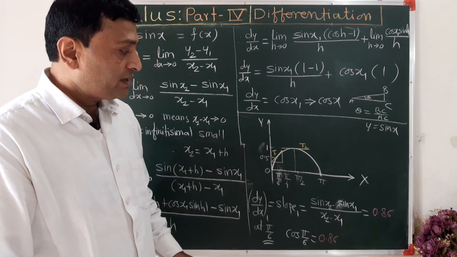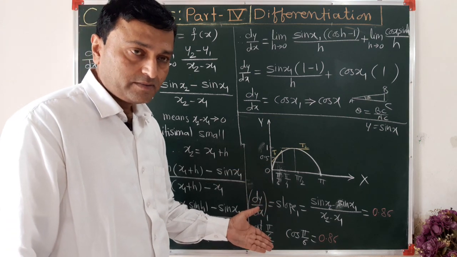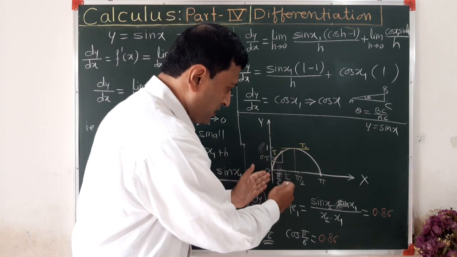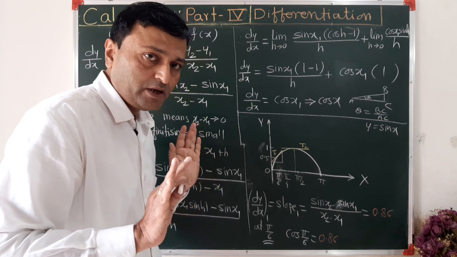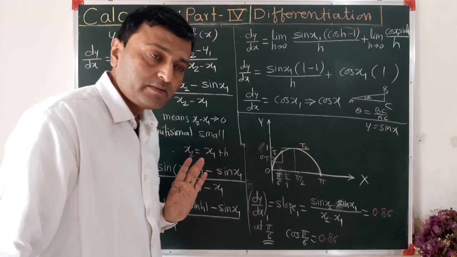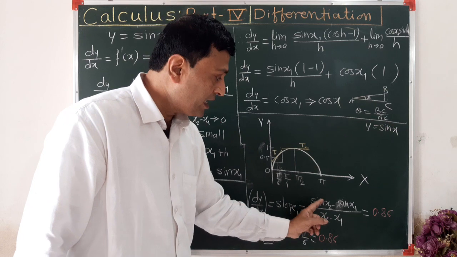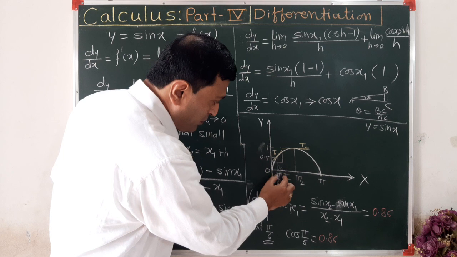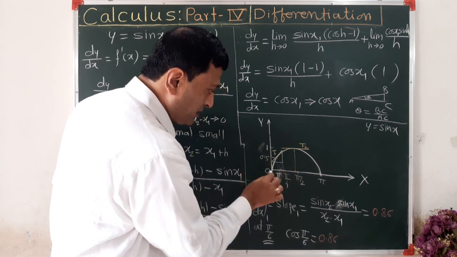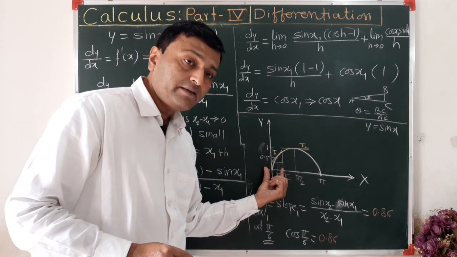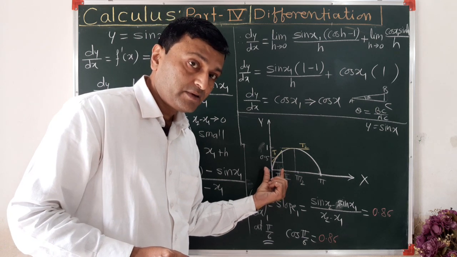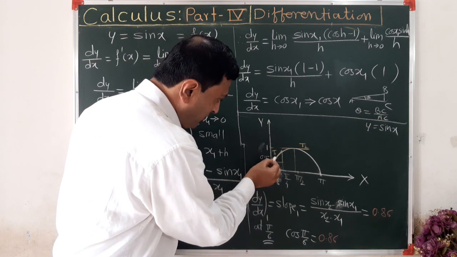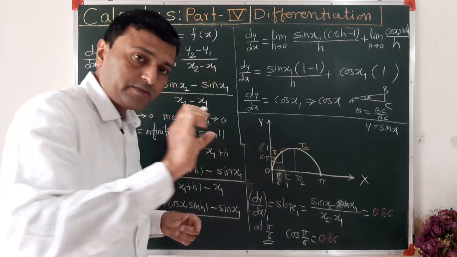Now dy by dx is nothing but the slope of the tangent. What is the slope of the tangent? Here x2 minus x1, and as usual here y2 minus y1, but y is sine x, so sine x2 minus sine x1. Suppose you take the actual values of x here and here, and take the difference, that is x2 minus x1, and take the actual values of y2 and y1.